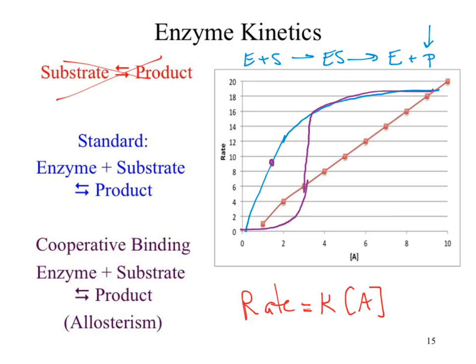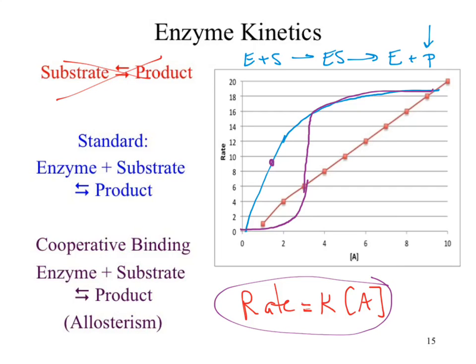Next issue with this. Okay, if we're going to try and determine a rate expression, as we've got down here, does that equation work for either the blue or the purple lines? Okay, why not? Okay, that's a linear expression.